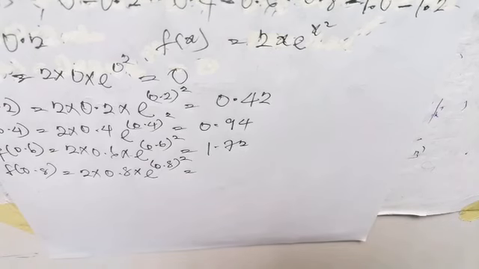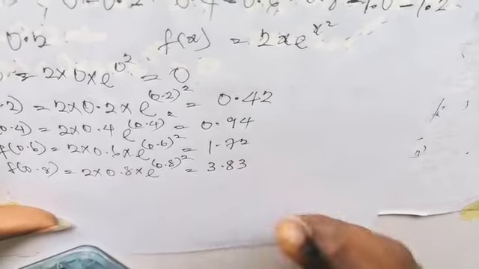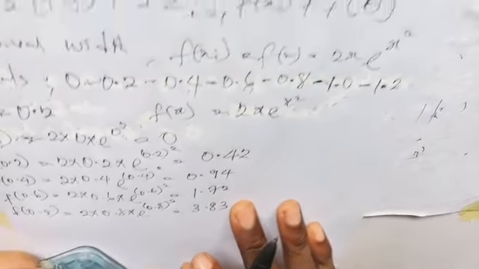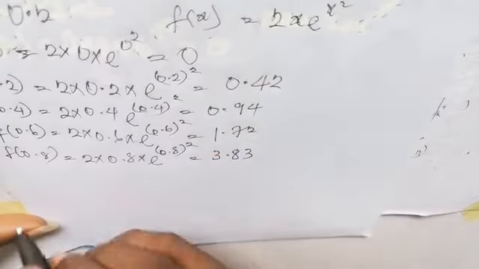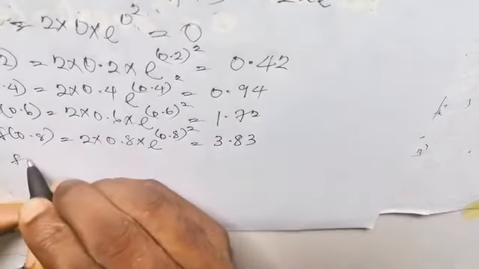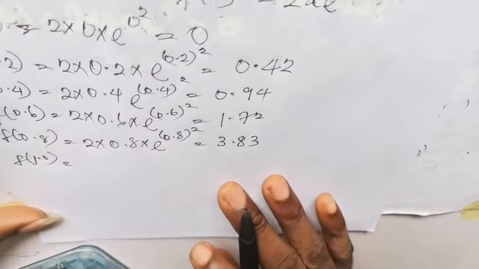This simply gives me 3.83 approximately. Next, after 0.8 we have 1.0. So we'll find f of 1.0, and that's equal to 2x exponential x squared.